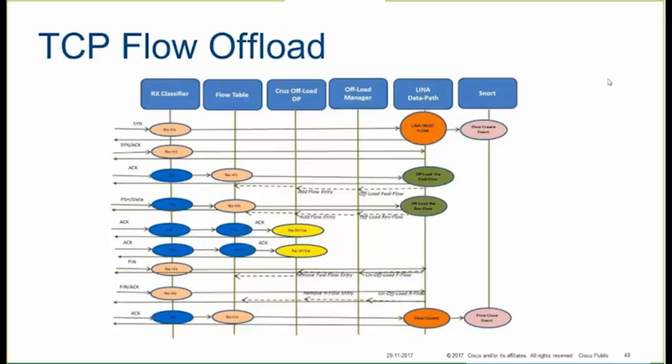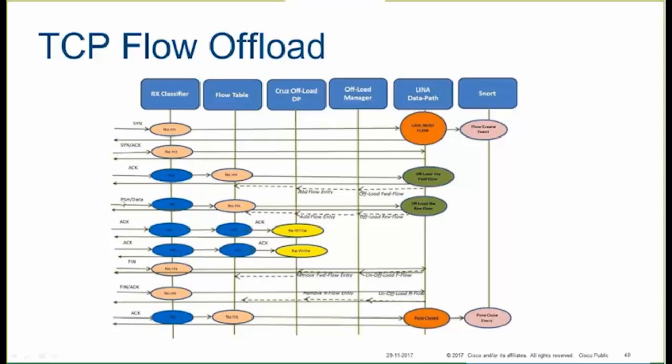You would see a similar sort of flow offload happening for UDP traffic as well, although I do not have a slide for that. But in the case of UDP traffic, we do not really have any control-based traffic. So the first packet comes in, the RX classifier receives the packet, it does a flow lookup, doesn't find the flow, sends the traffic to Lina, and then Lina adds the flow offload entries.